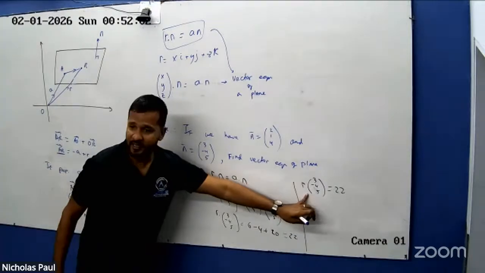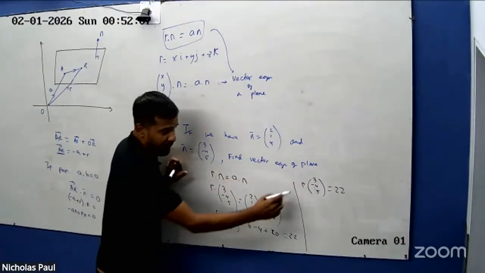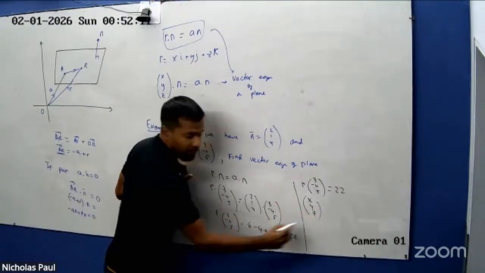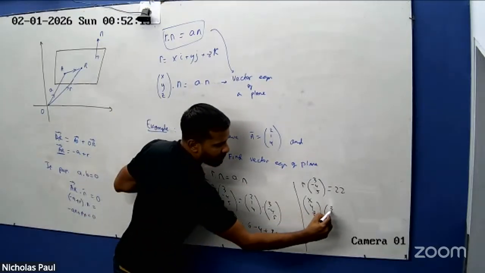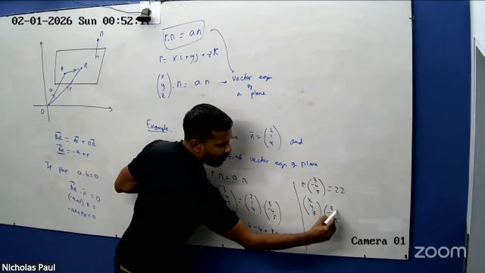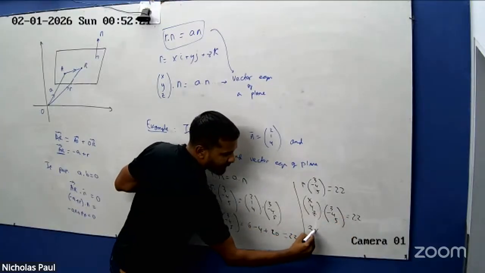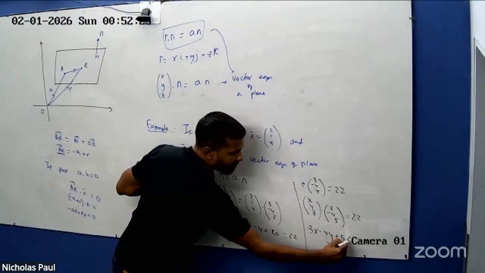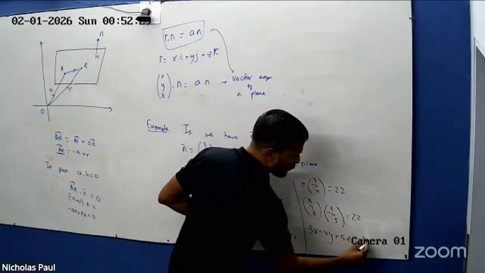I could turn this into the Cartesian real simple. Because r is x, y, z, remember, r is any point. If I multiply it by (3, -4, 5), I will end up with 3x minus 4y plus 5z is 22.